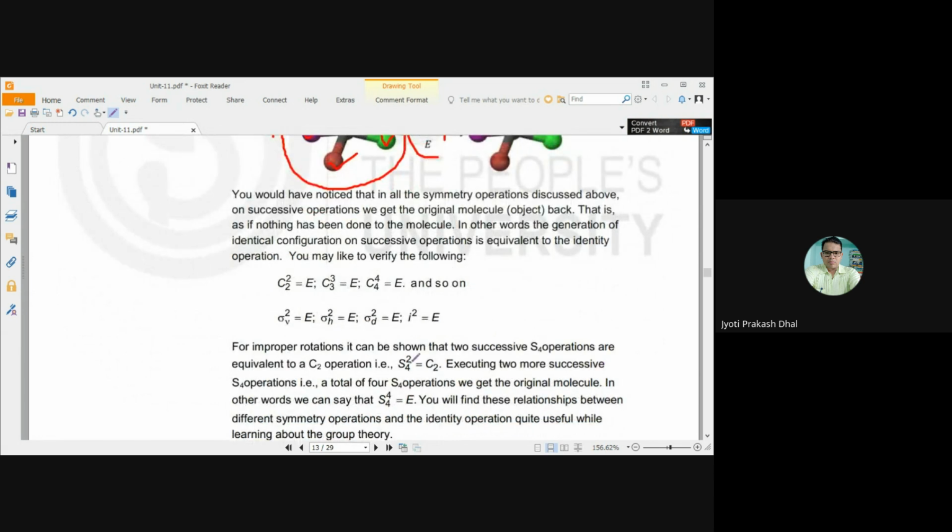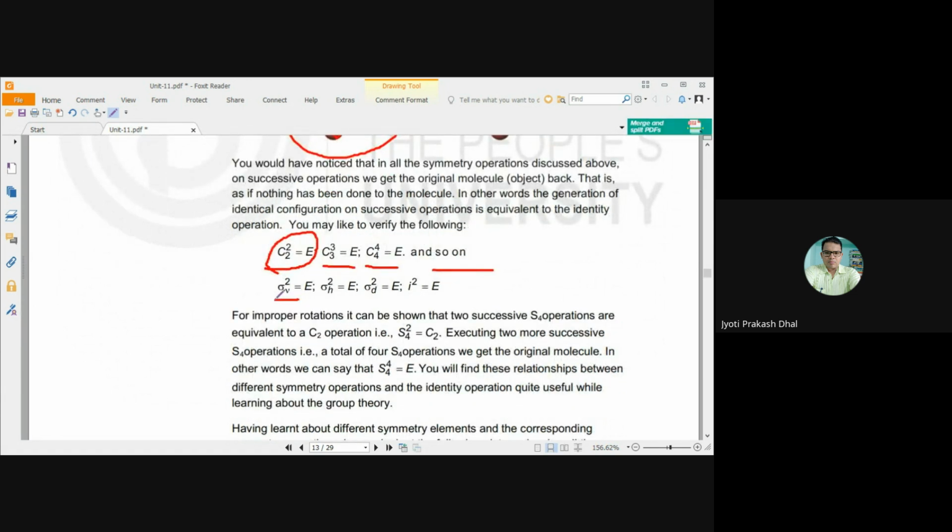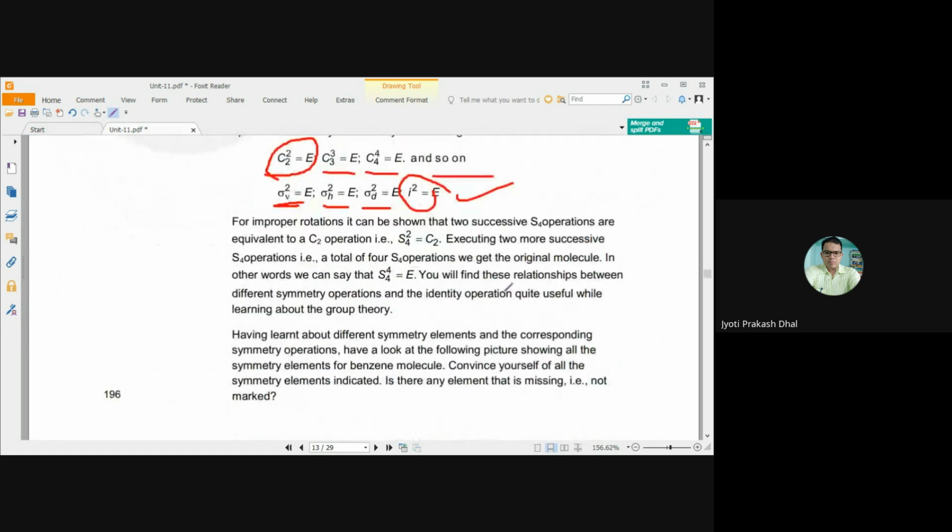You may verify the following: C2 squared is equivalent to the identity operation, C3 cubed is equivalent to the identity operation, C4 to the fourth is equivalent to the identity operation, and so on. Similarly, sigma v squared, sigma h squared, and sigma d squared are equivalent to the identity operation, and inversion i squared is also equivalent to the identity operation.